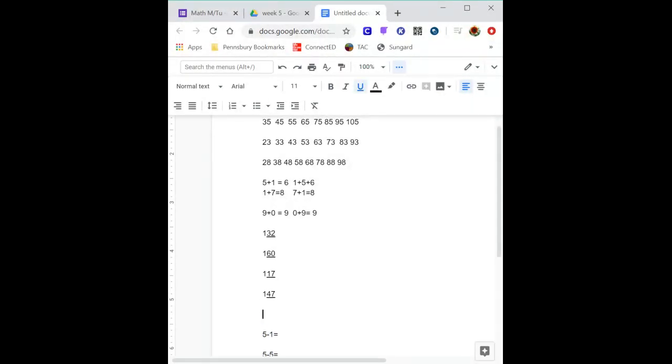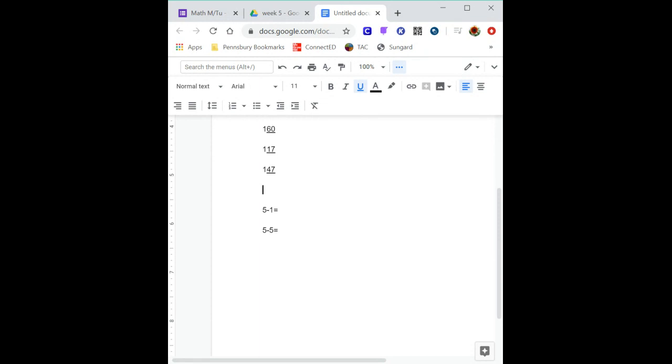This one is. 5 minus 1 equals 4. Say it with me. 5 minus 1 equals 4. This equation is a minus problem, but not minus 1. It is 5 minus 5. Do you know what 5 minus 5 is? You're right. 5 minus 5 equals 0.